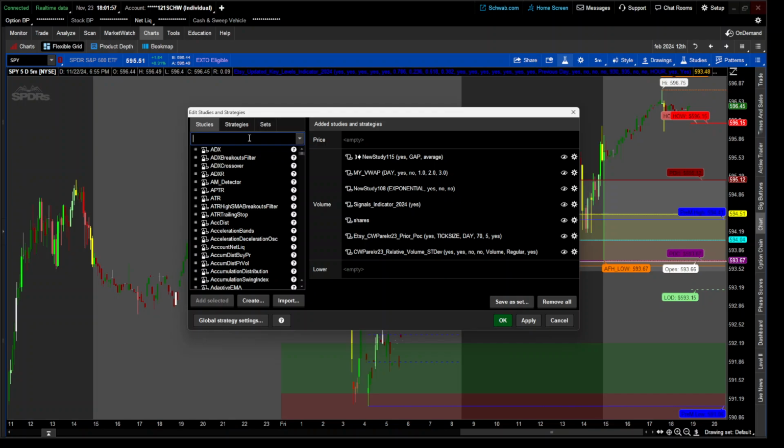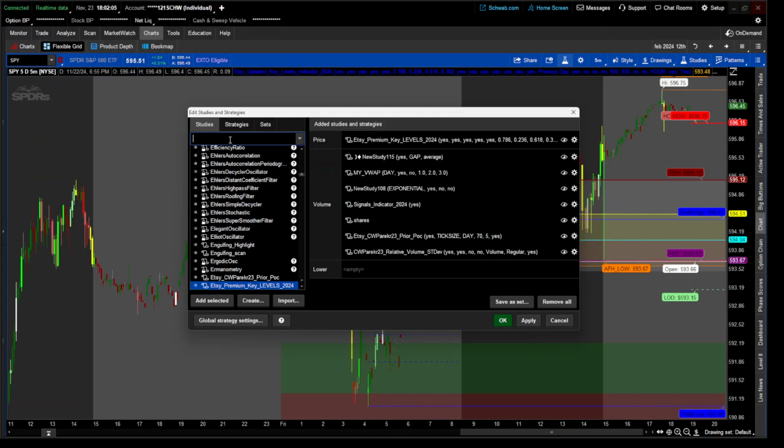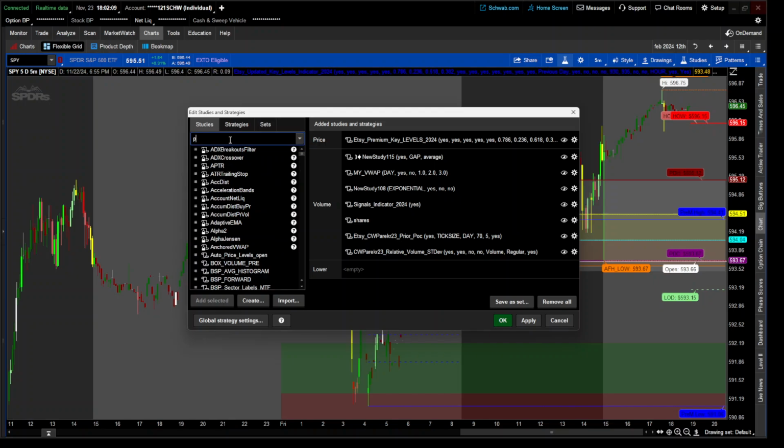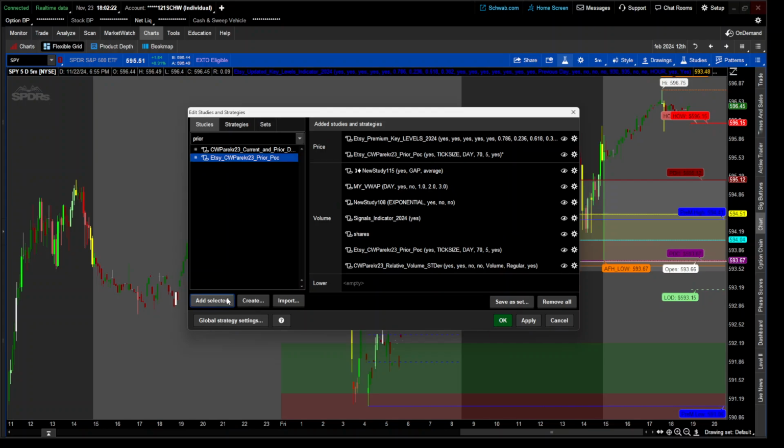So if you decide to go with the premium version, you're also going to get these prior day POCs, or point of controls.